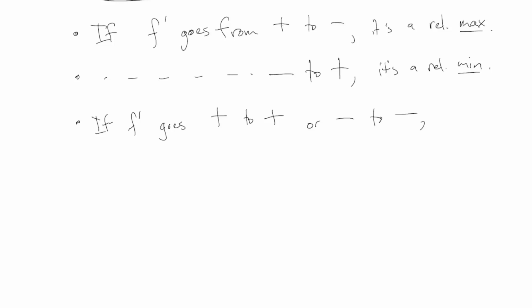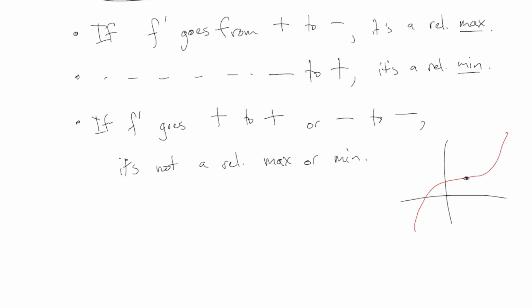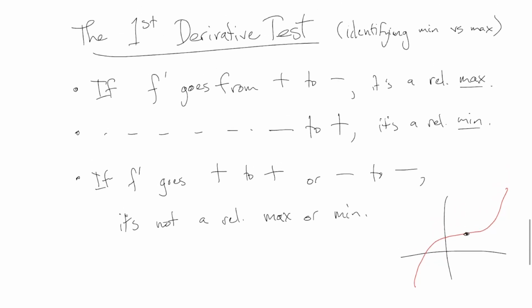So it's not a relative maximum or minimum. The picture for that would look something like a point where it flattens out, but that's not actually the top. It just keeps going up afterwards. In that case, the conclusion of the first derivative test is that this point is not a relative maximum or relative minimum.